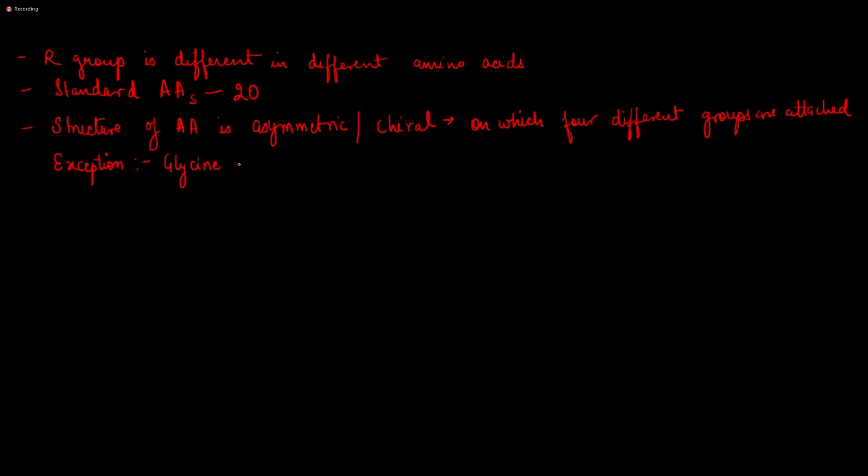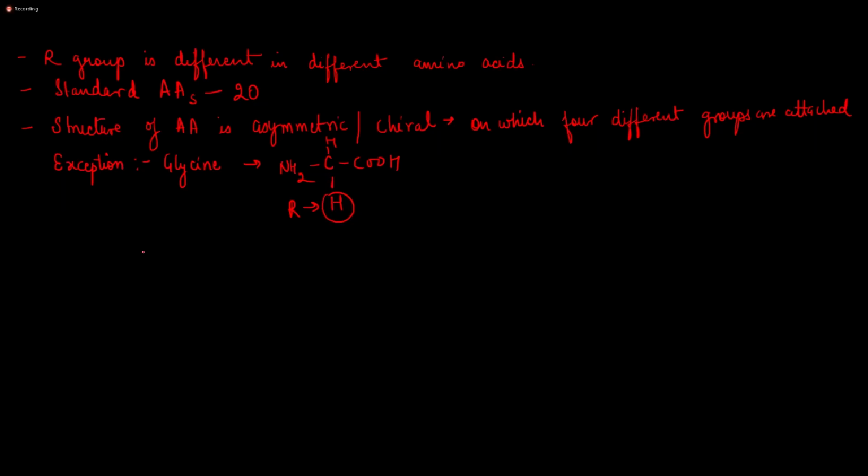If you see the structure of glycine, you will find the basic structure is the same. It has COOH, it has H, but the other group, the R that I was talking about, is H in the case of glycine. So glycine does not have a chiral carbon.